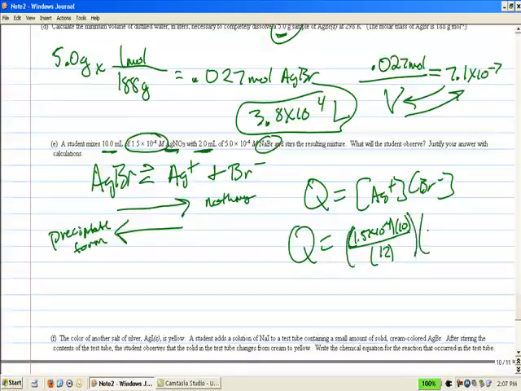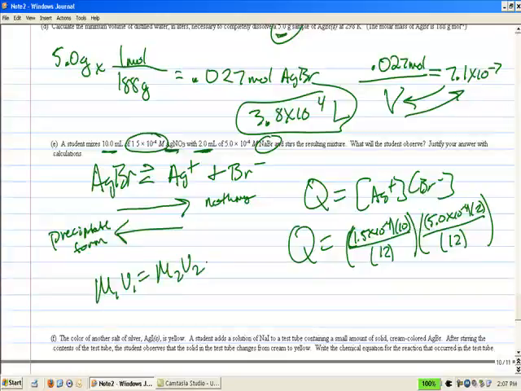And then Br- is going to be the same thing, my original concentration times my original volume, 2, divided by the new volume, 12. Okay, so what I'm using there is just the dilution formula, M1V1 equals M2V2, where I'm solving for the new concentration, so I'm just dividing by the new volume.